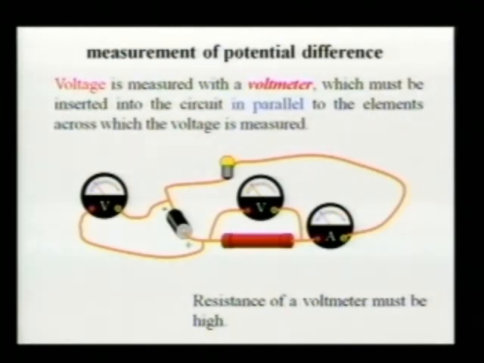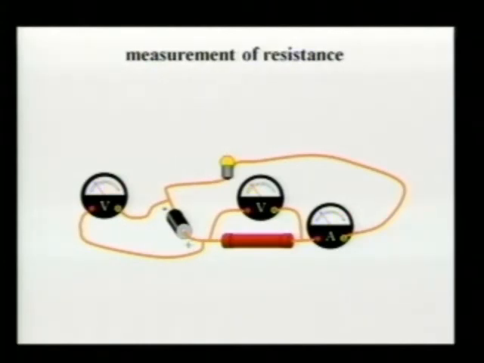Don't move yet. Now, how about measuring resistance? If I want to measure the resistance of this resistor, what would I have to do? Well, we use a kind of voltmeter calibrated differently to measure resistance. That meter has its own battery and runs current through the resistor, and then it is calibrated properly.